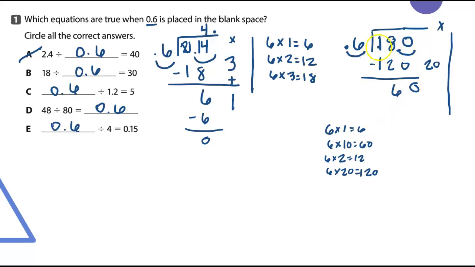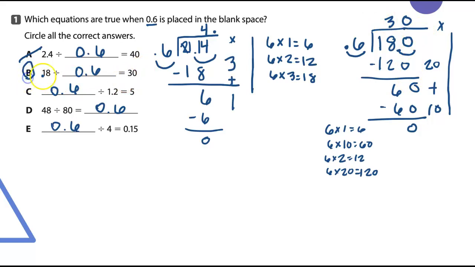Now I've got to see how many times 6 can go into 60. 6 times 10 is 60, so 10 is my partial product. I subtract and I get 0. Now I add these two things together: 20 plus 10 is 30. So is this one true? Yes, it is.